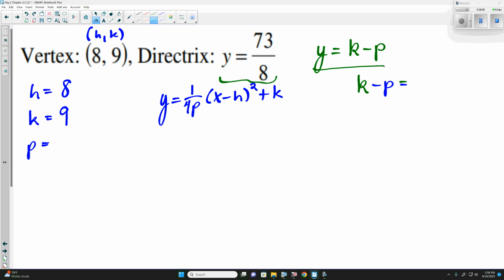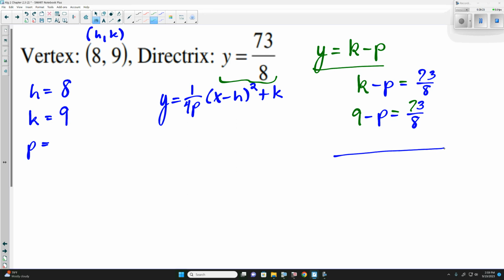So for us here, the k minus p should equal 73/8, yes? So our k minus p is 73/8. Well, what is the value of k? 9. So we're saying 9 minus the p value should give me 73/8, yes?